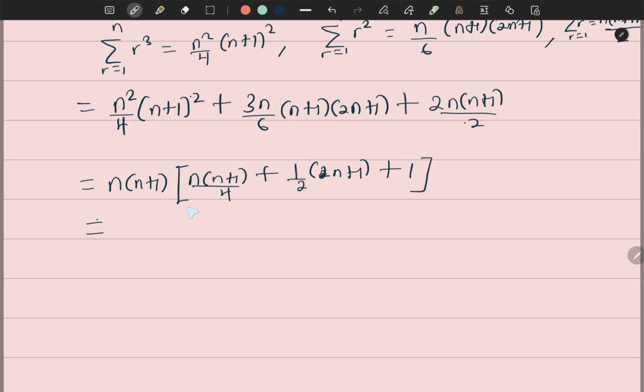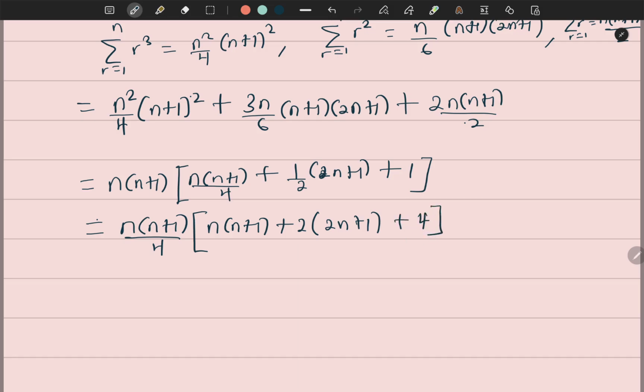Sorry about that. The 4 can be factorized out, 1 over 4 I mean, so n times (n plus 1) now over 4. So you take the LCM of what you have in the brackets, and that will be (n plus 1), plus 2 times (2n plus 1), plus 4.